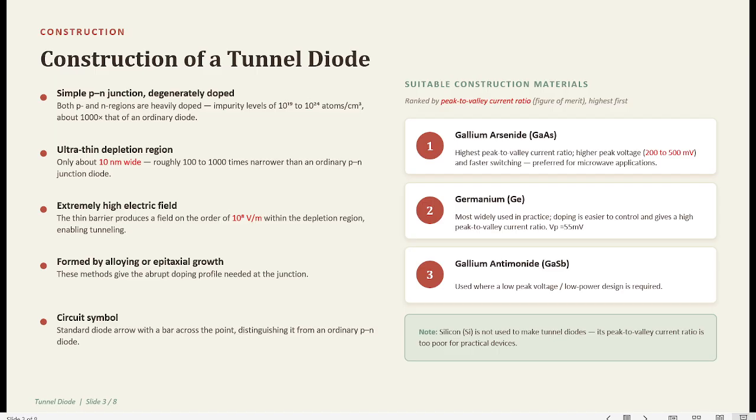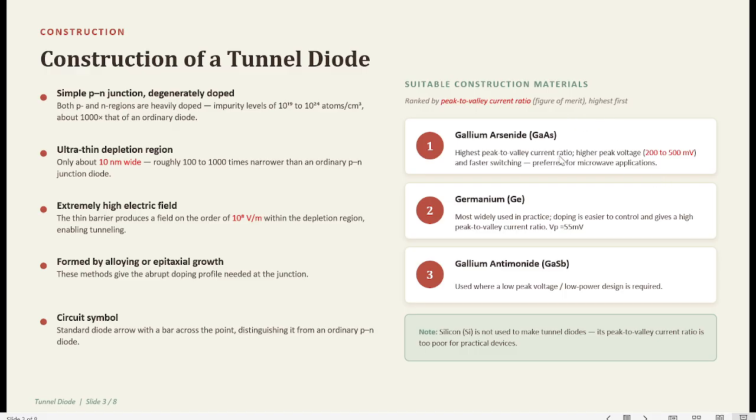The first feature is its highest value of peak to valley current ratio for different materials. Gallium arsenide has the highest value for the peak to valley current ratio, which is also known as PVCR, and which is a figure of merit of this device.